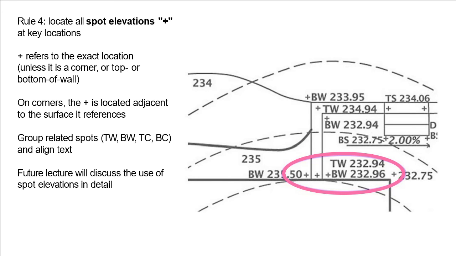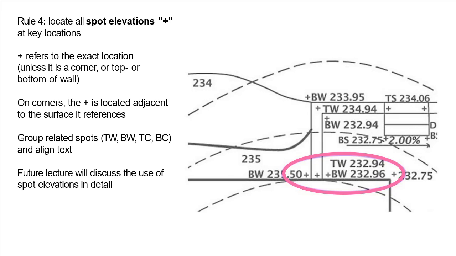Spot elevations have to be located at specific locations in order for the plan to be constructed. And as I said a moment ago, if you're talking about a building or a wall, the spot elevation is located adjacent to that on the ground.